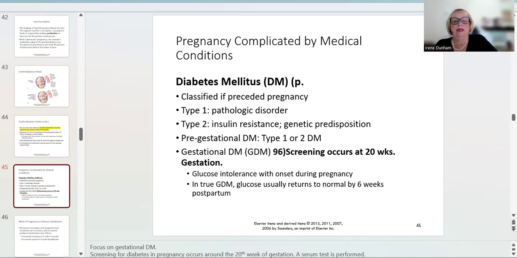And with a true gestational diabetic, after they deliver, the body will regulate itself and switch back to a normal blood sugar, and her gestational diabetes is over. It's called gestational diabetes because it's during pregnancy.